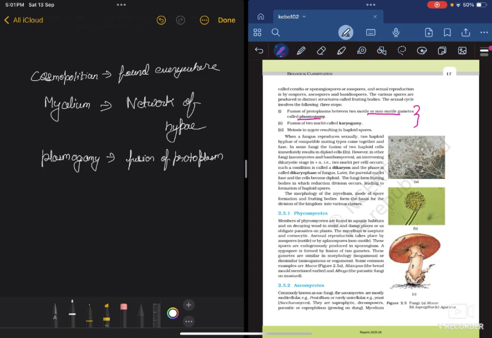Then comes karyogamy, that is fusion of two nuclei. Then the last one is meiosis. This is the sexual cycle of fungi. This is a very important point.